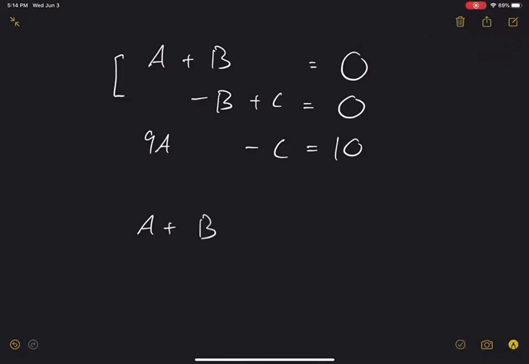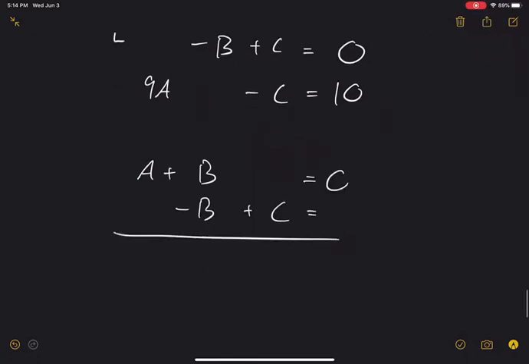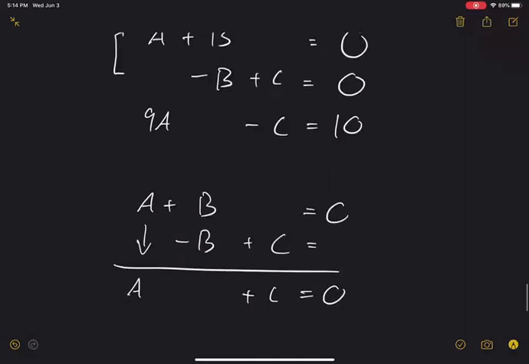I'll write them down here again. When I add them vertically, I get a plus nothing is a, b plus negative b cancels out, and then I've got c plus nothing is c. So a plus c equals 0.